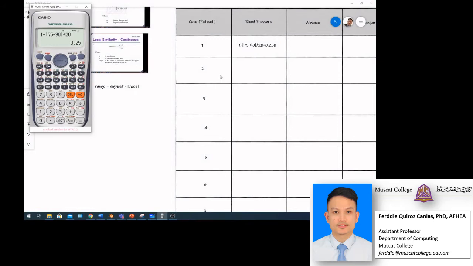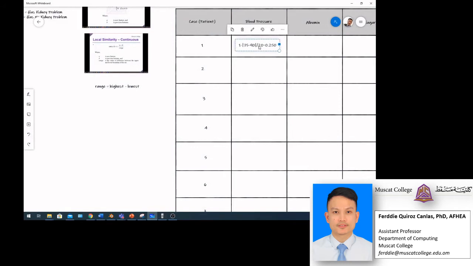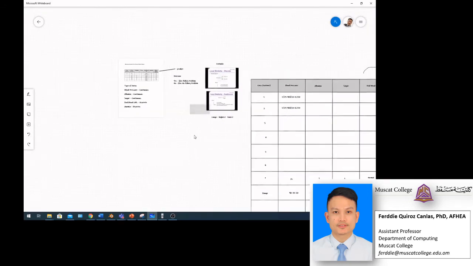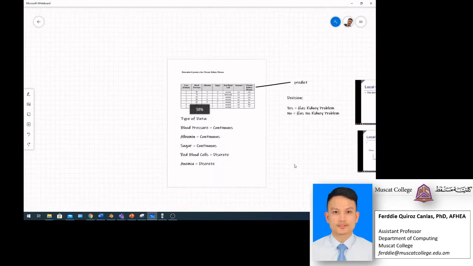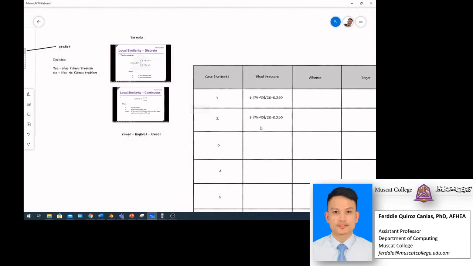Next, let's proceed to the next one, which is, you can copy this and paste it in here, then just simply replace the value of the next one, which in this example is 70.